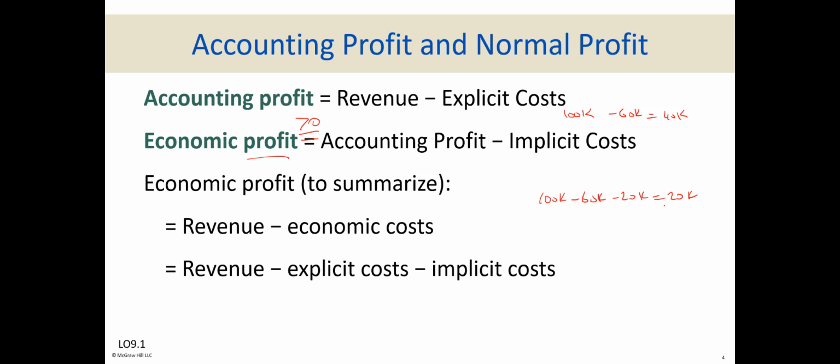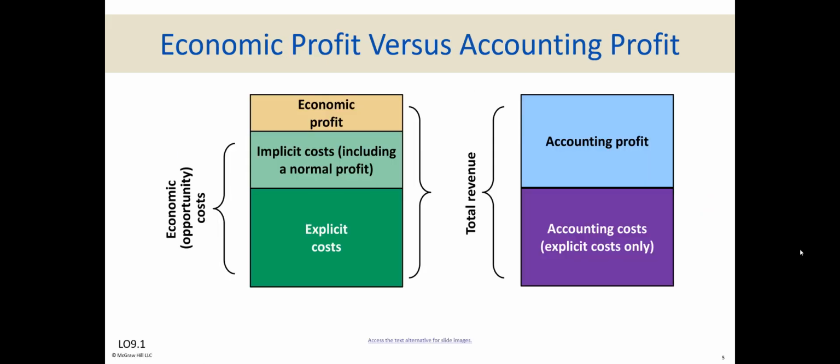So here, the 20K tells us that you could have earned 20K if you didn't have the business, but because of having the business, you are earning 40K, which is 20K better than the foregone wage.